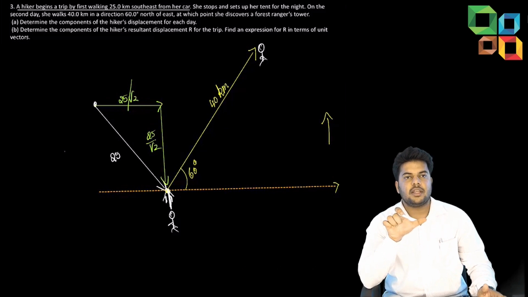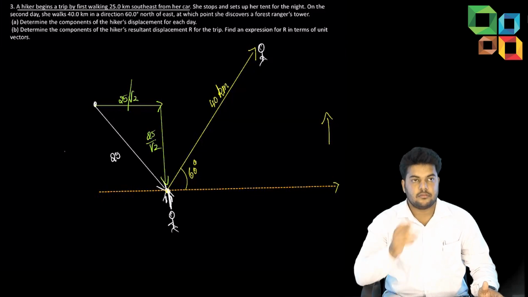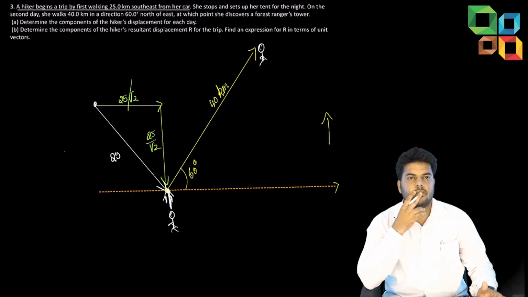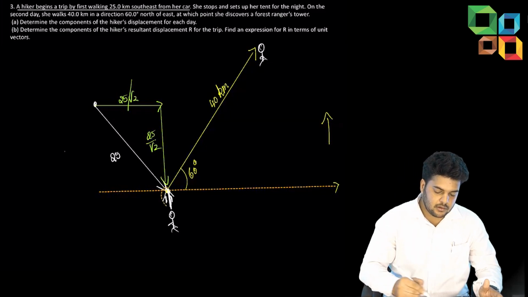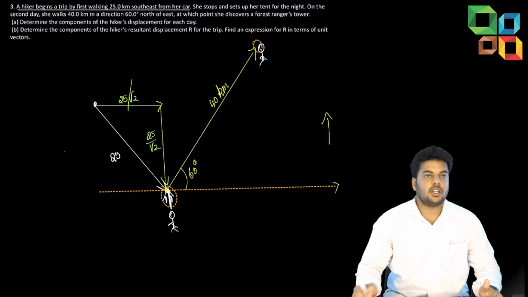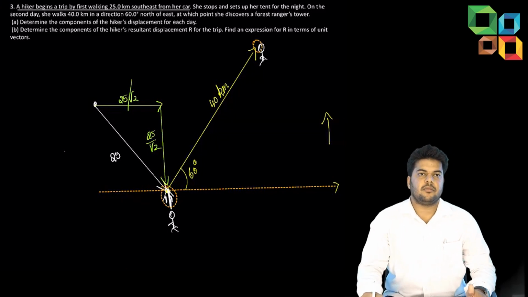To figure out how much to the east and how much to the north, do you recommend any sort of construction? Can we boil this problem down to something familiar? She went 40 kilometers from this point to this point.